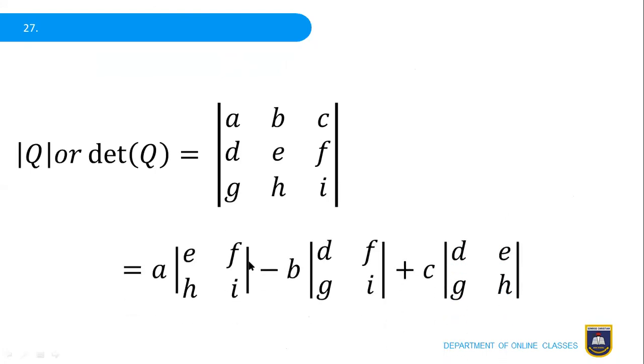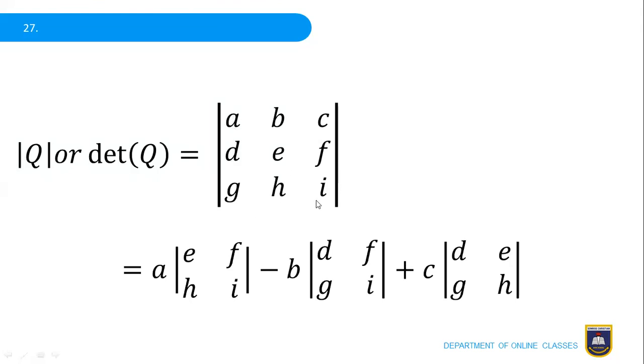This is equal to, so now, to find that, you go to the first row, first column. The first element there is A. So you go and pick A. Now, if you pick A, you cancel the first row and you cancel the first column.